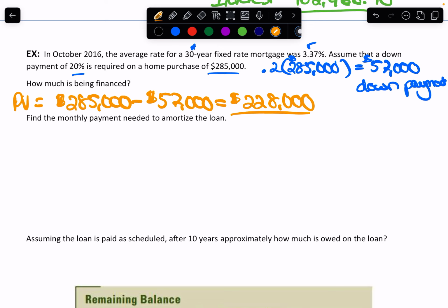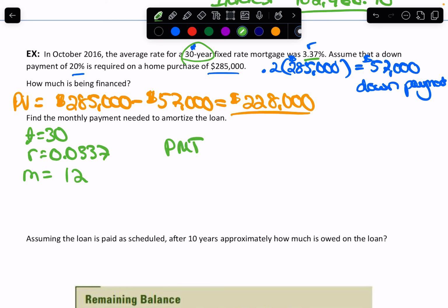Now, we're going to use that to find the monthly payment needed to amortize the loan. So our time here is 30 years. Our R, the rate, is 0.0337. It is going to be monthly, so there's 12.